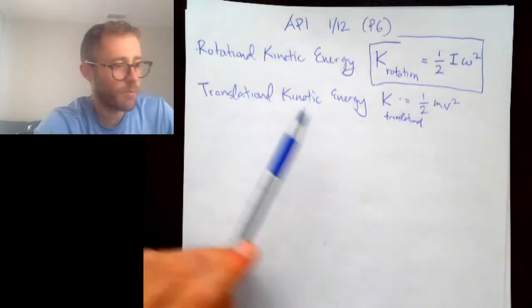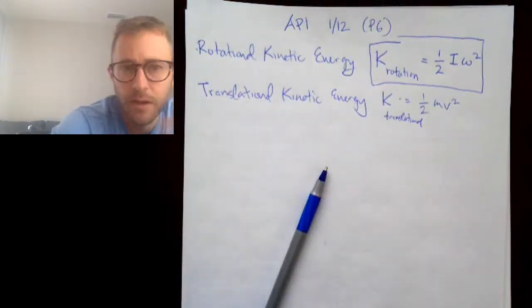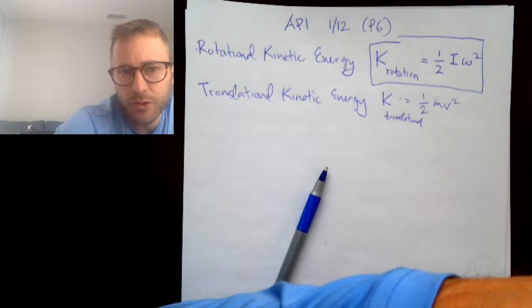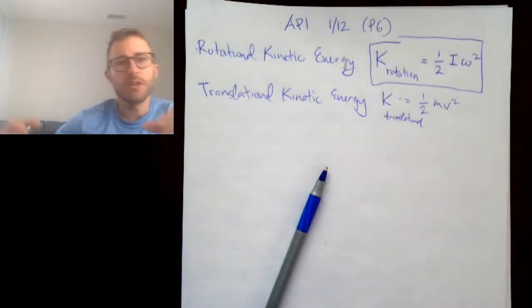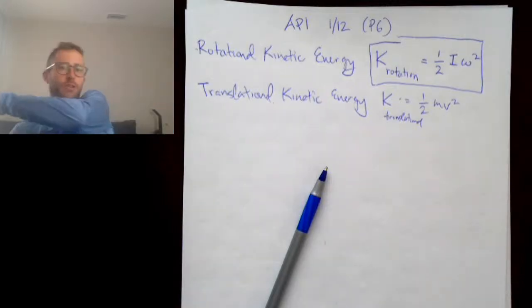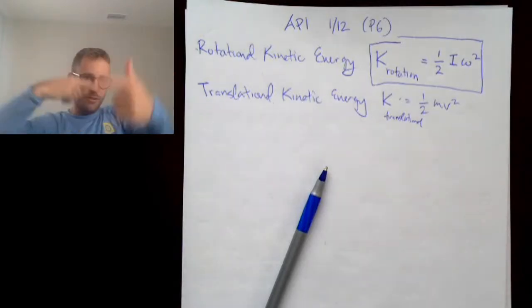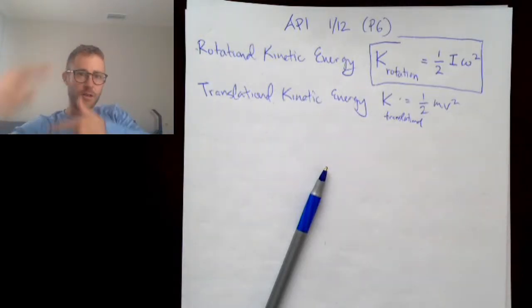We can transform from one type of kinetic energy to the other. If you think about how a wind turbine works, you're taking the translational kinetic energy of wind. The wind is blowing from point A to point B. That's translational kinetic energy, and you're turning it into the rotational kinetic energy of the wind turbine.